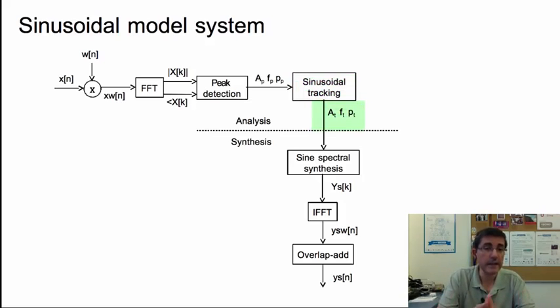We have these tracks of sinusoidal values, and then we can synthesize with what we just explained in this lecture. We can do it in the spectral domain by generating the main lobes of Blackman-Harris windows, which is quite efficient. We just need to generate 8 or 9 samples per sinusoid in the frequency domain, and then compute the inverse Fourier transform and obtain the synthesized sound.